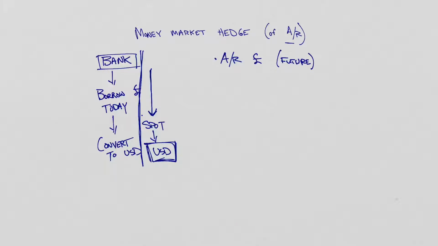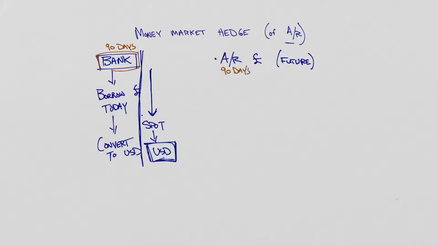And so the only other piece of this puzzle we need is, how do we close this loan? The idea here is we borrow from the bank for 90 days, and that's because this accounts receivable is also 90 days.